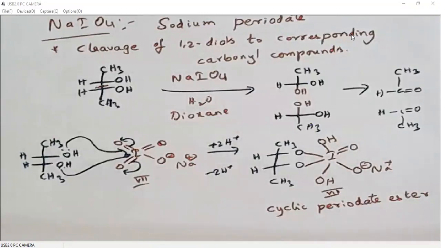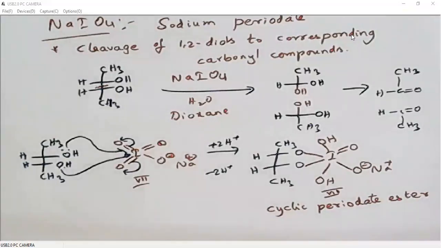When we want to cleave 1,2-diols with sodium periodate, it must form a cyclic periodate ester. Then only cleaving of 1,2-diols is possible. Without the cyclic periodate ester, it is not possible to cleave the 1,2-diol.